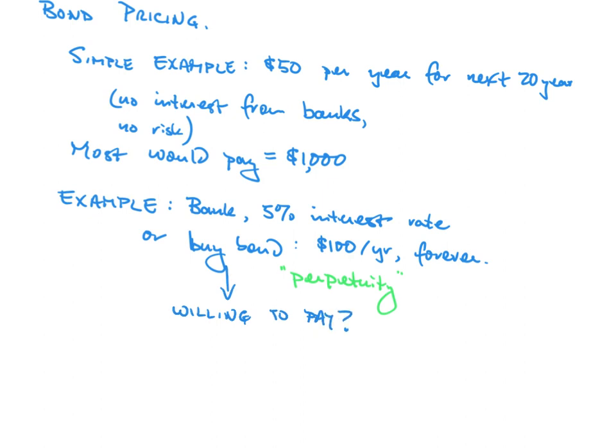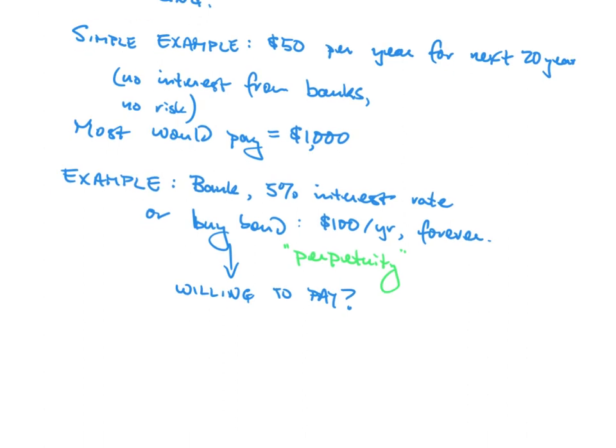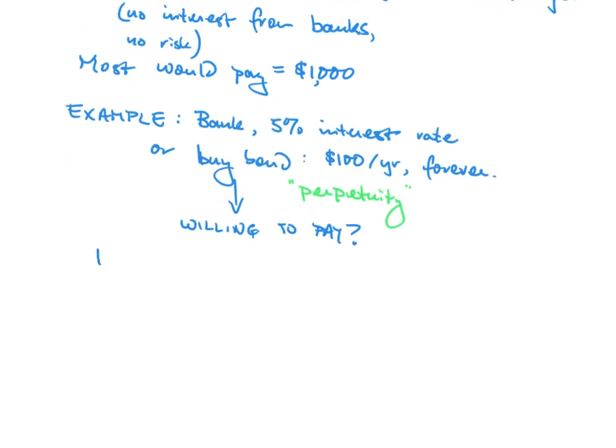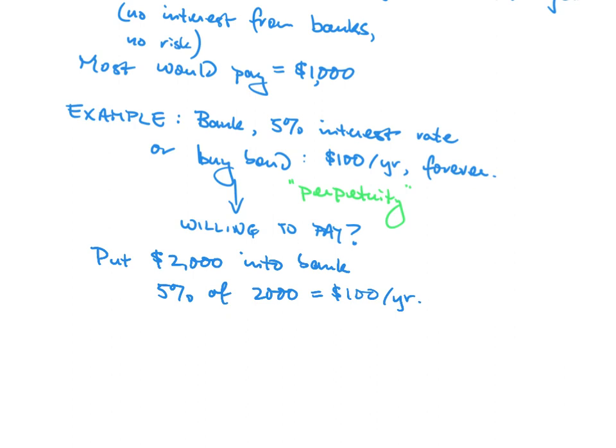Well, you have to think about what amount of money you could save in the bank that would also give you $100 per year. If you put, let's do $2,000 into the bank, 5% of $2,000 is $100 per year, right?